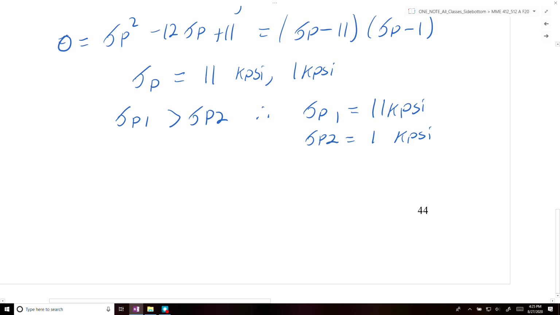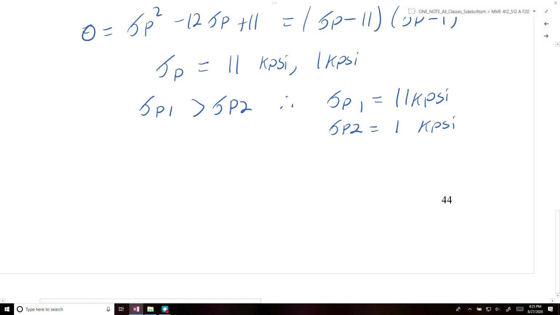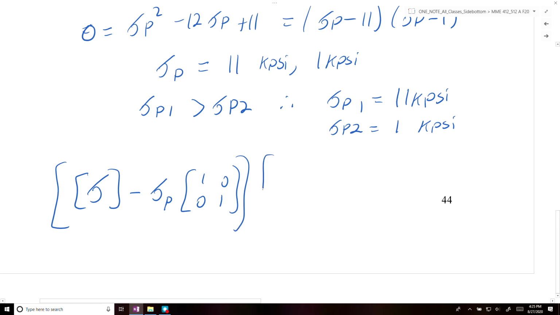To do that, we use the following equation: our original state of stress minus one of the principal stresses times the identity matrix, times our eigenvector, which is a 2 by 1 matrix with two parts, v11 and v21, must be equal to 0.